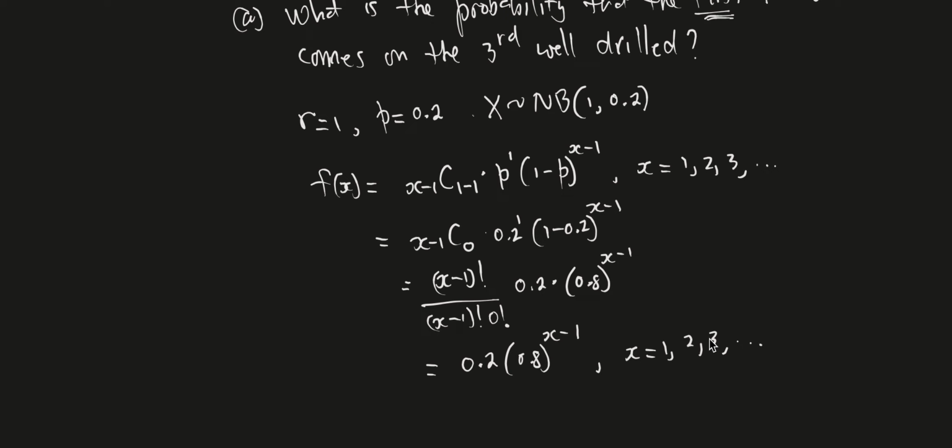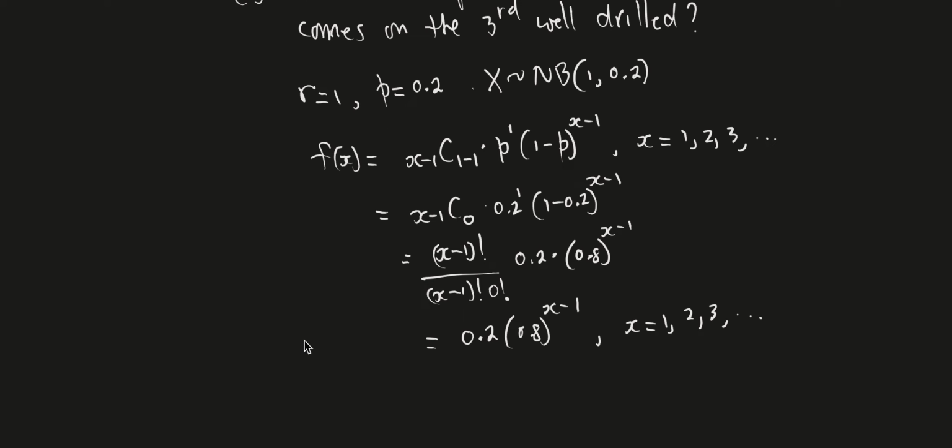All right? So now if we want the probability that x is equal to 3, we have to perform this drilling process 3 times. So the probability that x is equal to 3 is simply f of 3.